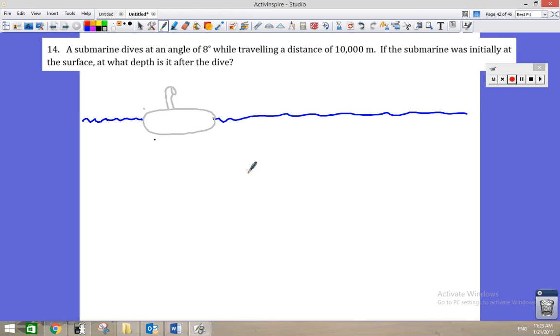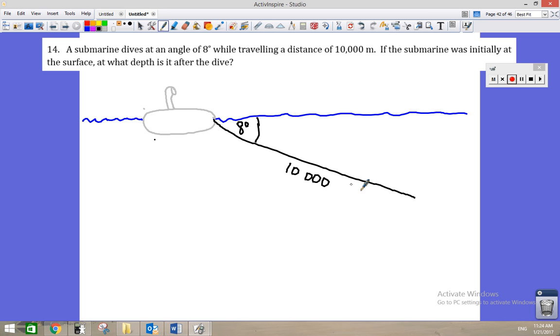So initially we're at the surface and we dive down, and this dive is at an 8-degree angle with the surface. It dives at an angle of 8 degrees. It travels a distance. So this is the line that it's traveling. It's not traveling along the surface.